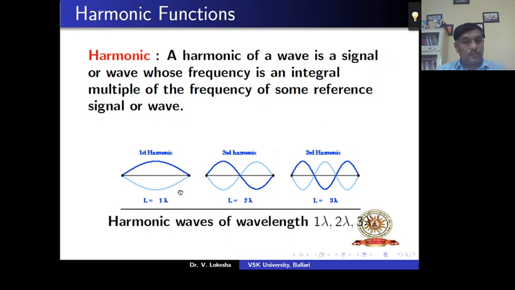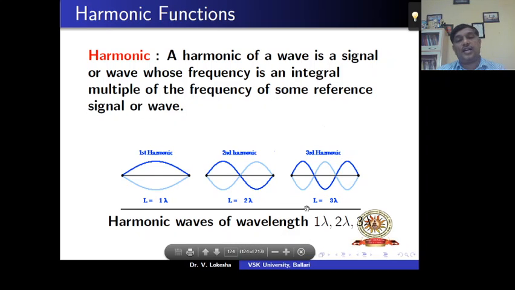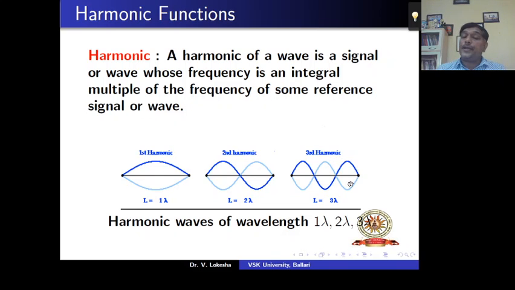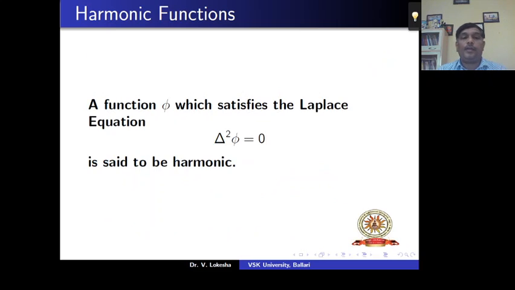Here the wavelength is 1 lambda, and when it is 2 lambda we say it is the second harmonic, then the third harmonic. These are some pictorial representations of harmonic waves of length 1 lambda, 2 lambda and 3 lambda, etc.